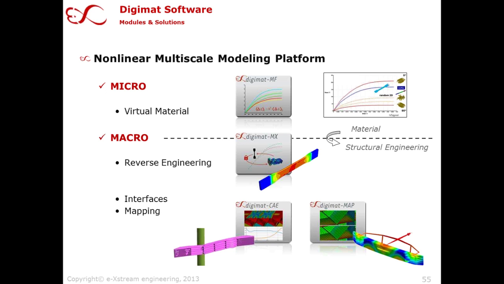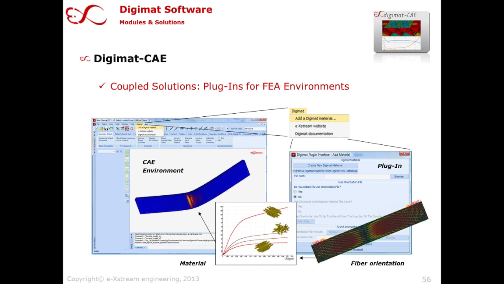And as we have seen in the overall approach, of course, this you combine with a mapping tool, and this is what we offer with the Digimat-MAP module. So this is how the approach is built in terms of the modules. Talking about the environment of your simulation, what we also offer is plugins to specific environments.